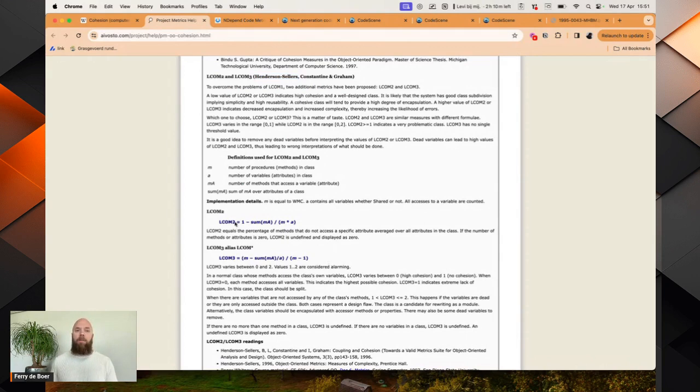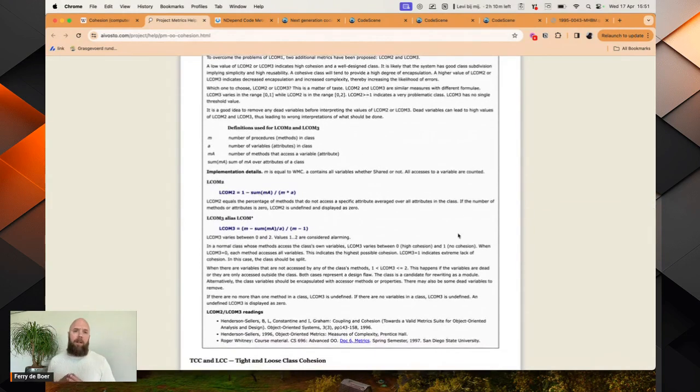Now, LCOM 2 is the percentage of the methods that do not access a specific attribute, averaged over all attributes in the class. So it's basically counting and then averaging, and LCOM 3 works in a slightly different way.